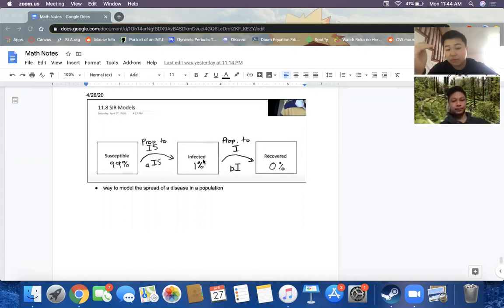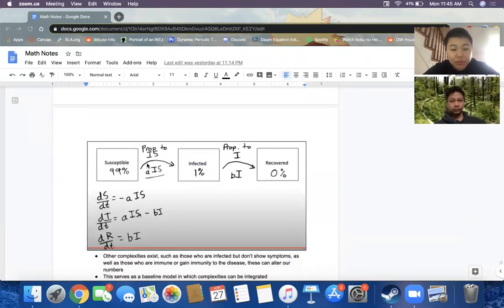But as the number of people who are susceptible goes down, the number of people who can get infected also goes down. So the infected is related to both the number currently infected and currently susceptible. So we have infected, susceptible, and also an infection rate, which is A.